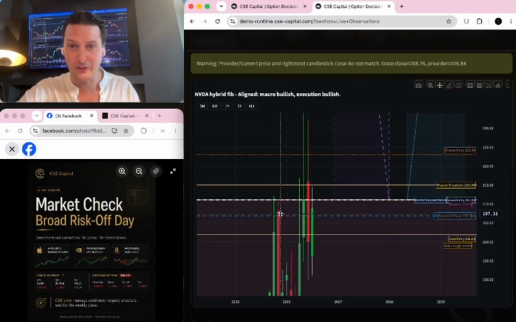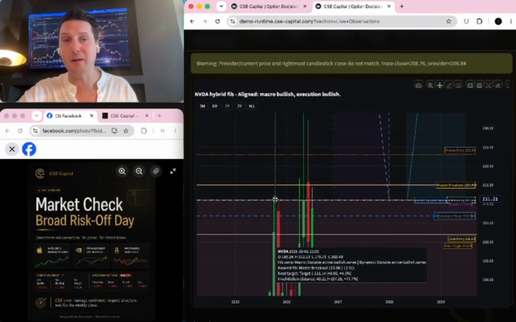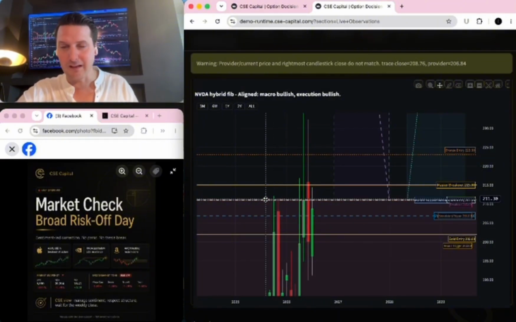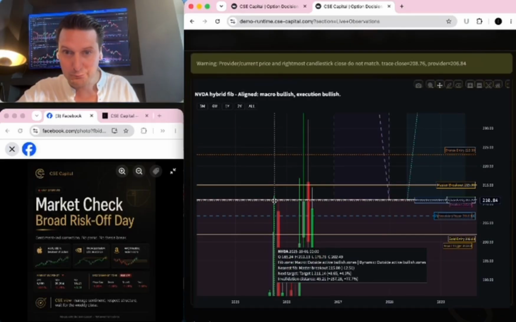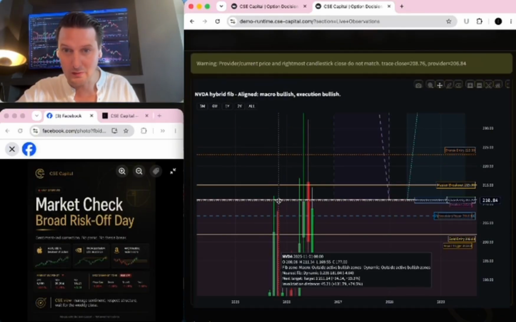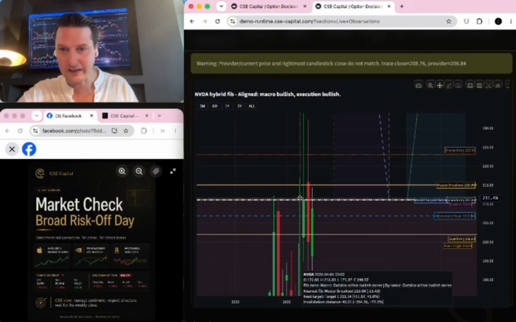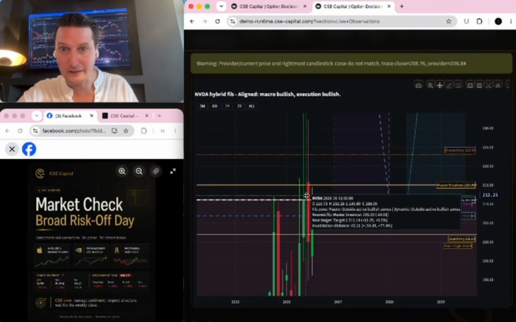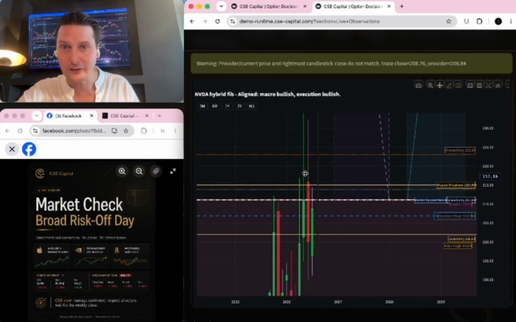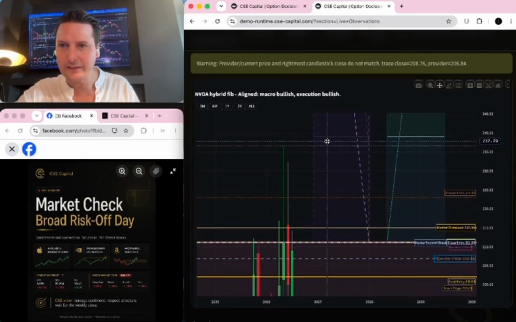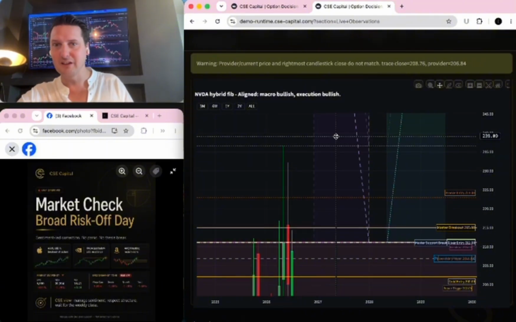So as you can see, the thick candles are the closures, but the thin lines are the spikes in the month. And as you can see, there are a lot of spikes here in January and February. It tested the breakout line at 211, and then again here in April, in May, in June, and even July. So as you can see, it even spiked to 239.